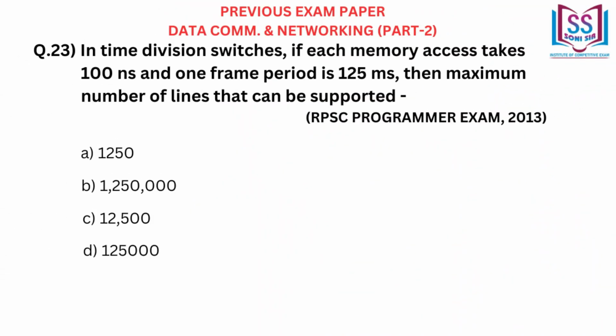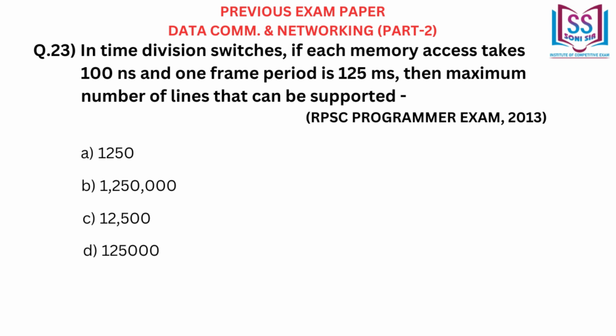In time division switches, if each memory access takes 100 nanoseconds and one frame period is 125 microseconds, then the maximum number of lines that can be supported is: A. 1 to 50. B. 1 to 54 times 0. C. 1 to 500.